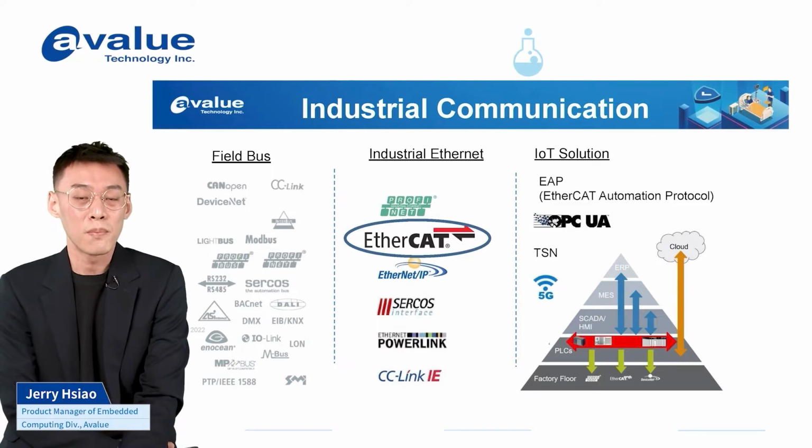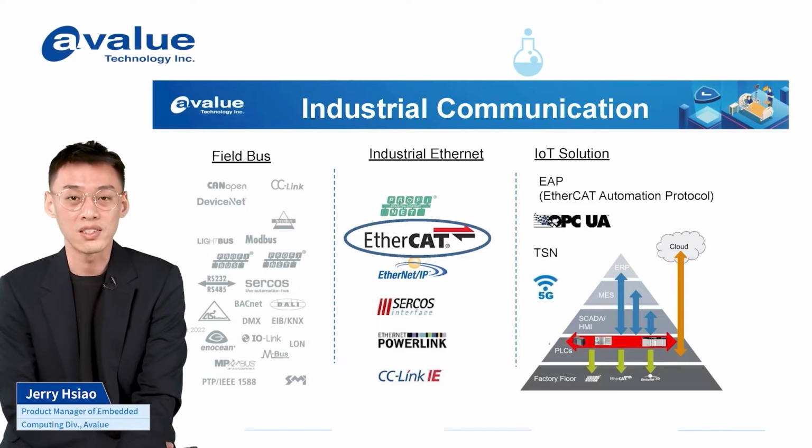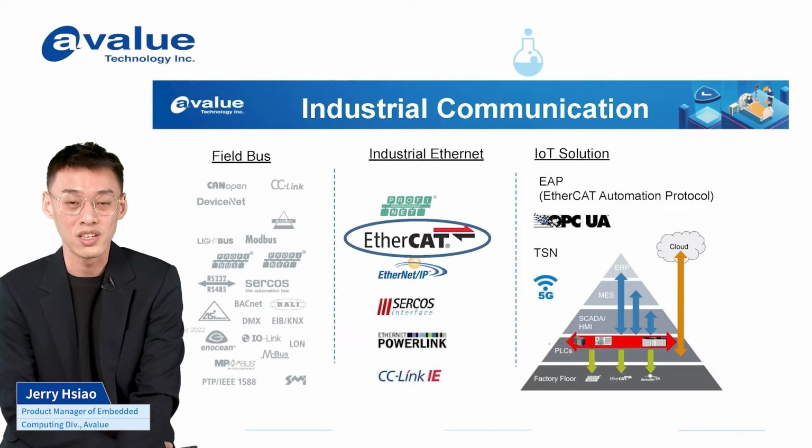So what are EtherCAT's features and highlights? The first is flexible topology, which is easy to implement in the system and in the areas applied to automation.